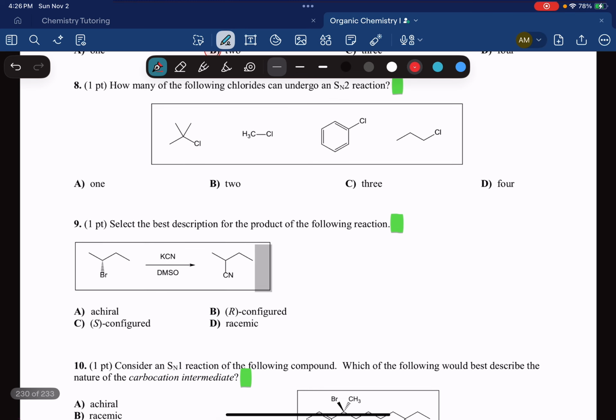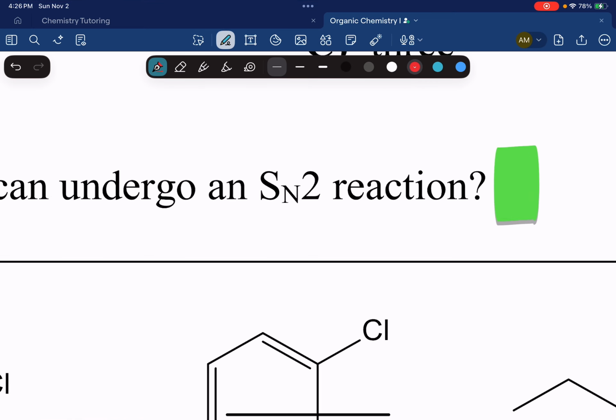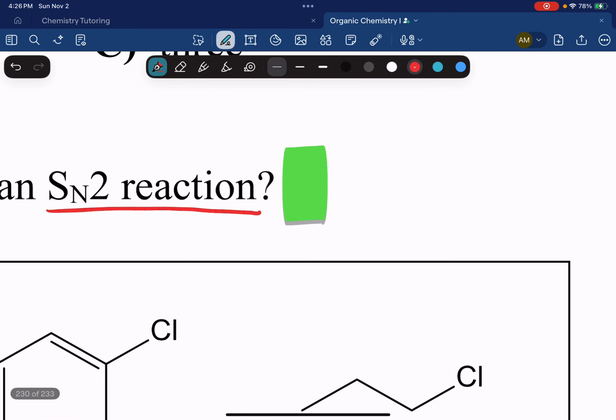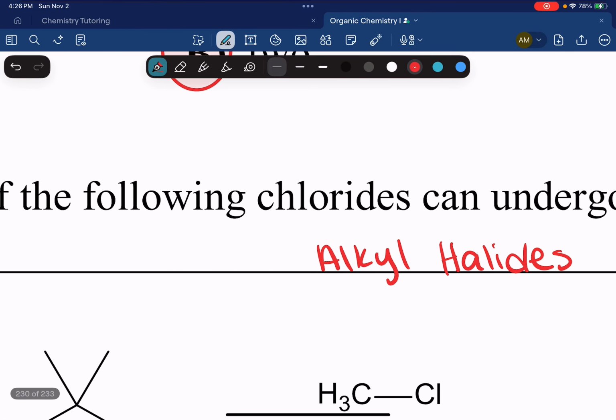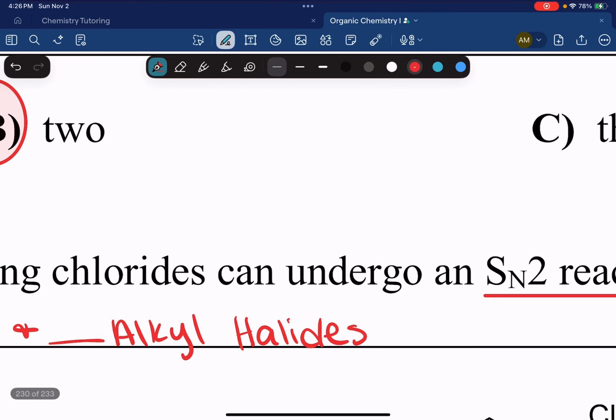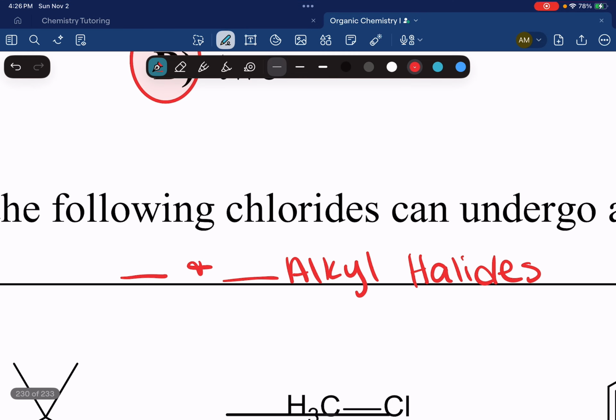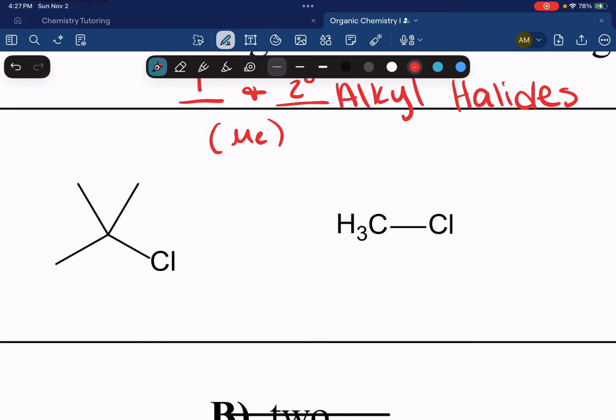Perfect. Okay. How many of the following chlorides can undergo an SN2 reaction? What kind of alkyl halides do we want for SN2? We want a blank and a blank. Perfect. Primary, secondary. And also methyl. We'll toss that in there. Methyl is going to be super fast, right? Okay.